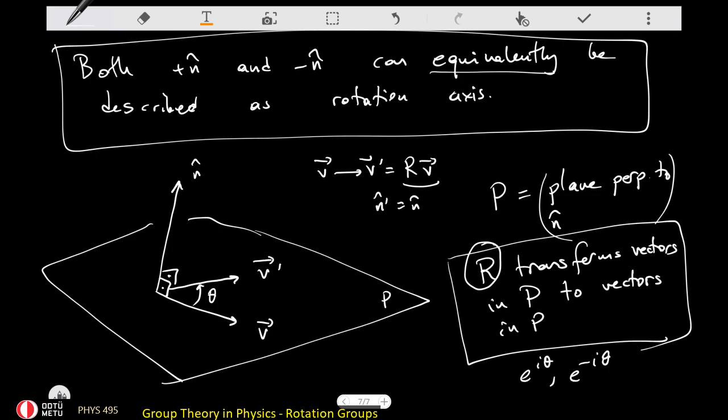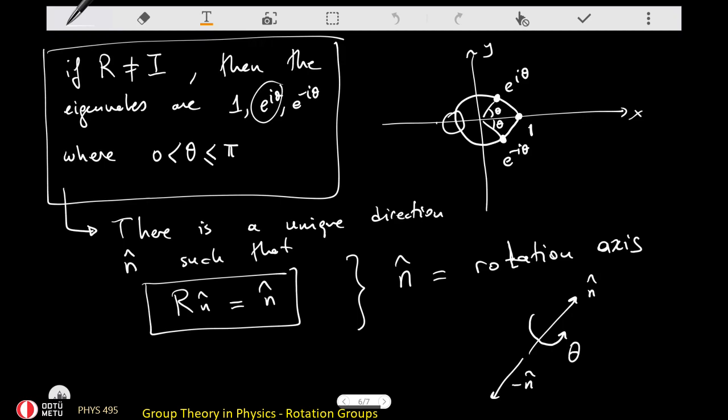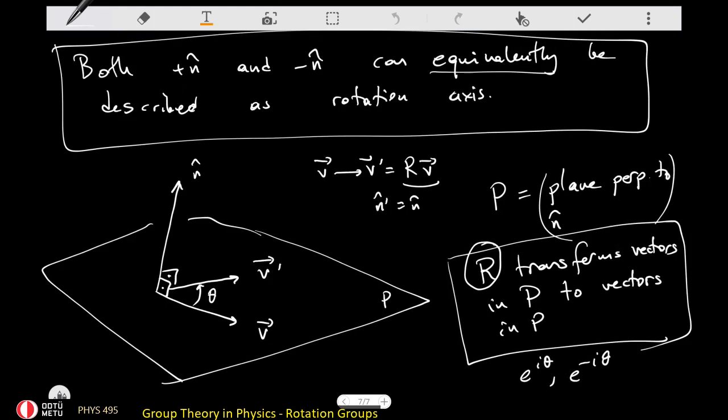Apart from that, I'm not going to prove that the theta that appears in the eigenvalues is the amount of the angle. But it has to be so, because a rotation in 3 dimensions is essentially a rotation in 2 dimensions. There's just an added arbitrariness that the axis of the rotation can be arbitrary in 3 dimensions. That's the only complication. So I'm going to be content with this.